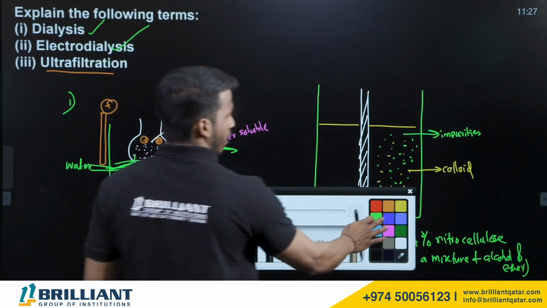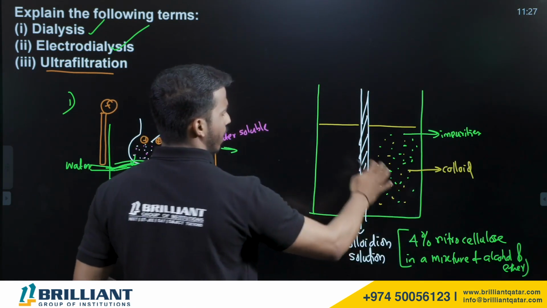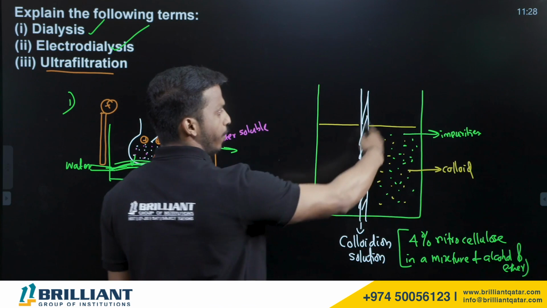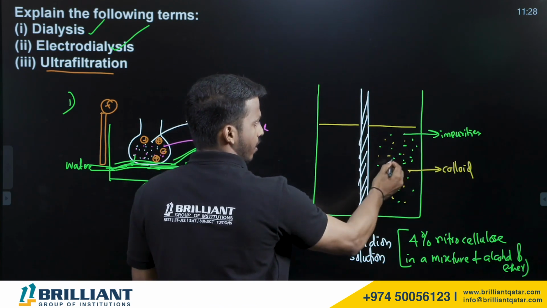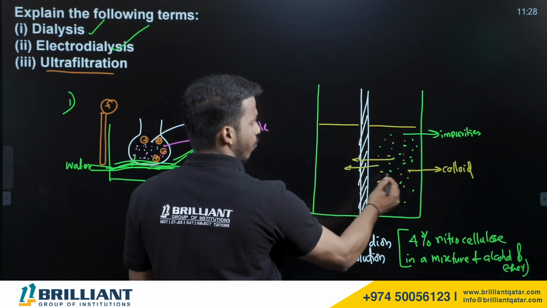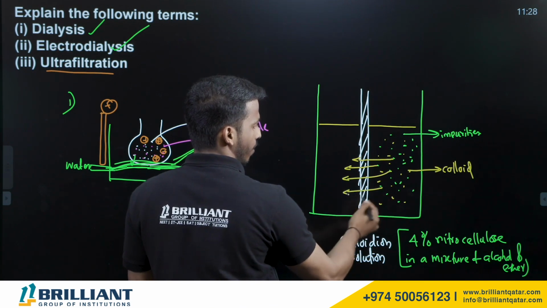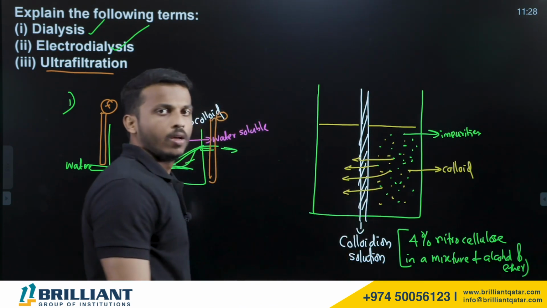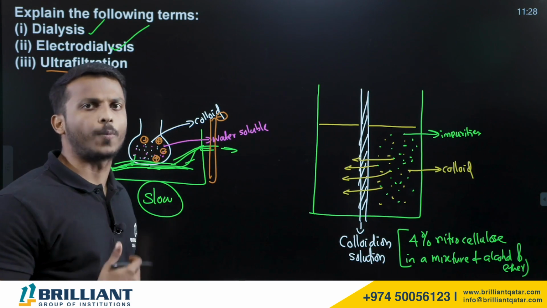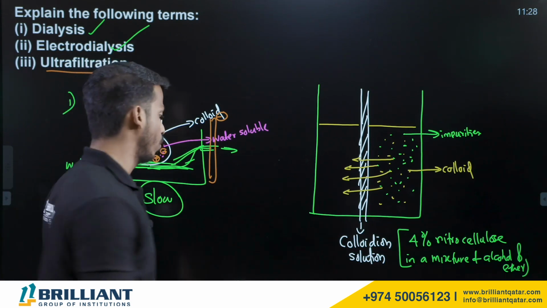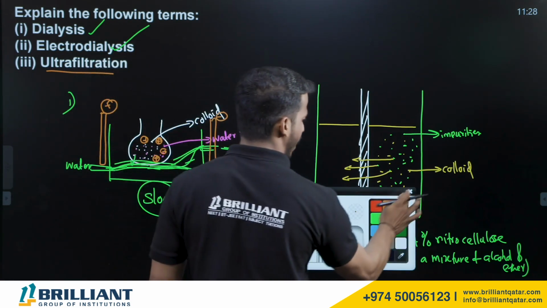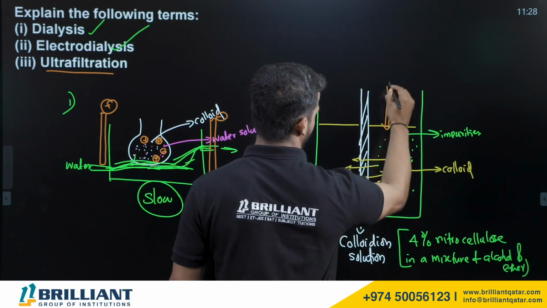What happens? When you place a solution of impure colloid here, these particles gradually try to move from the right chamber to the left chamber, because they can move through the membrane. Initially it will be a slow process, but you can make it faster. How? We are not applying electricity; here we are applying pressure on this side.